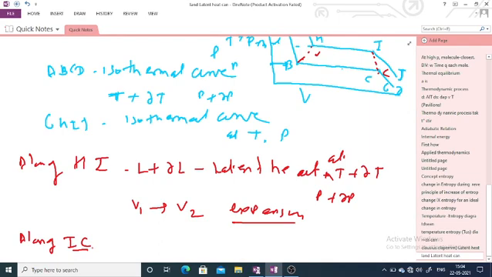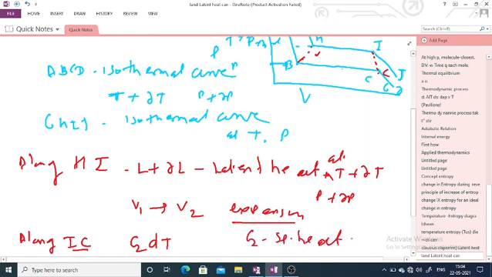Now the substance gives out heat along IC. The substance will reject heat equal to C2 into dT. So it is the same amount of heat given out. Here C2 is the specific heat of the vapor in contact with the liquid.